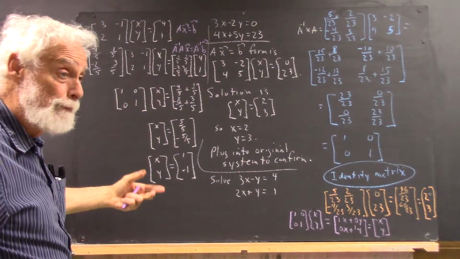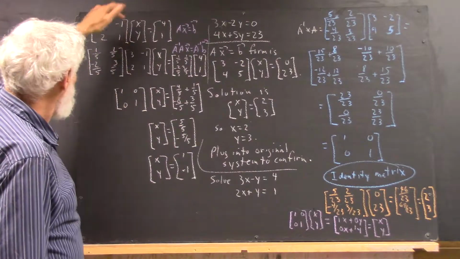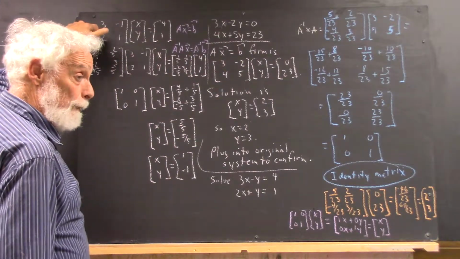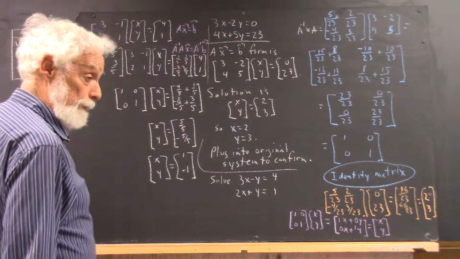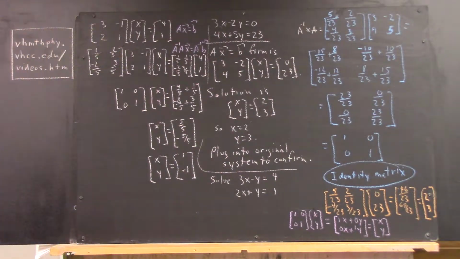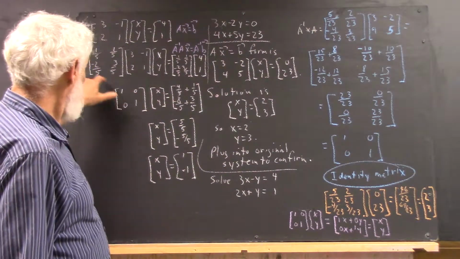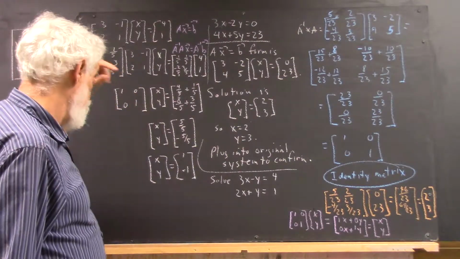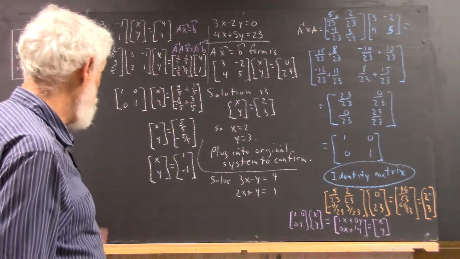Just two rules: flip the main diagonal, put negatives in front of the numbers in the secondary diagonal, then divide by the determinant. Ideally, I would do this multiplication to check that I have the inverse correct, because it's pretty easy to do and easy to check.